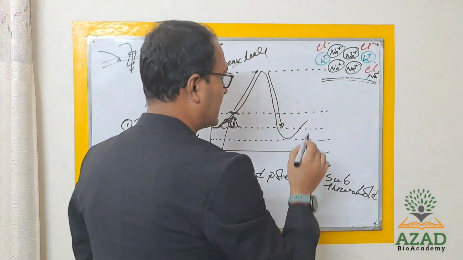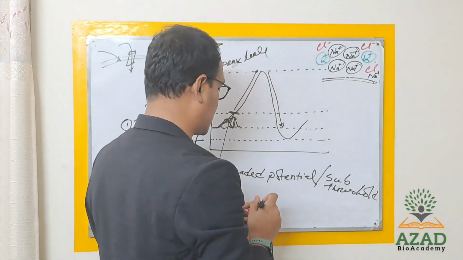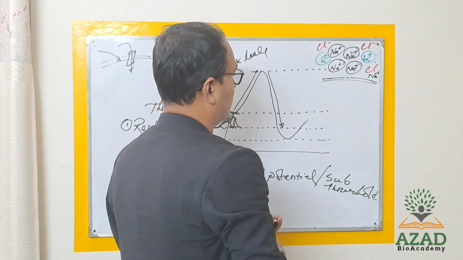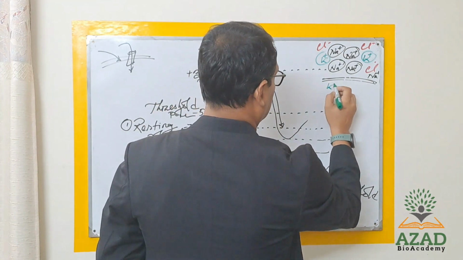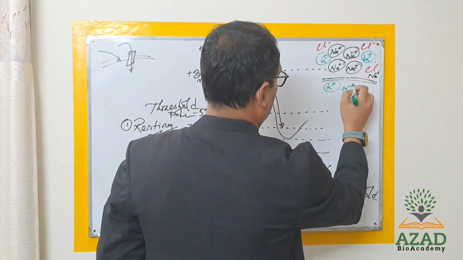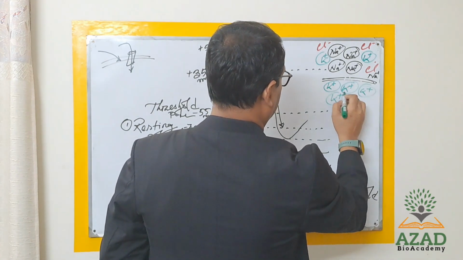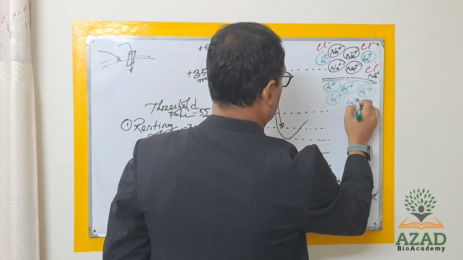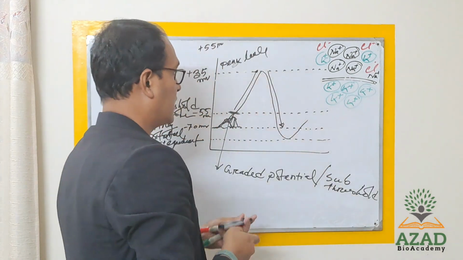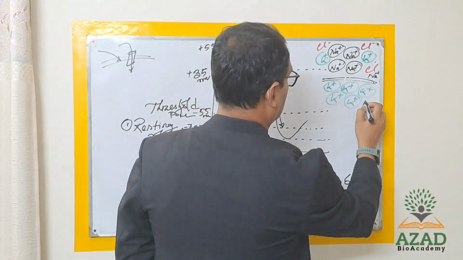Inside the cell, potassium is very rich, and there is some sodium.